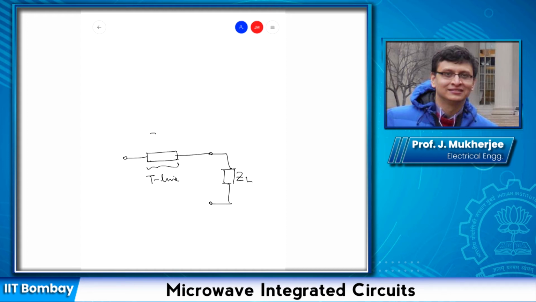A transmission line, as I mentioned before, is characterized by two components. One is the characteristic impedance, or CI, and the other is the beta D, or electrical length.